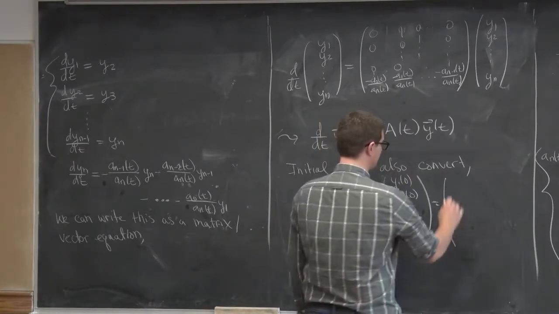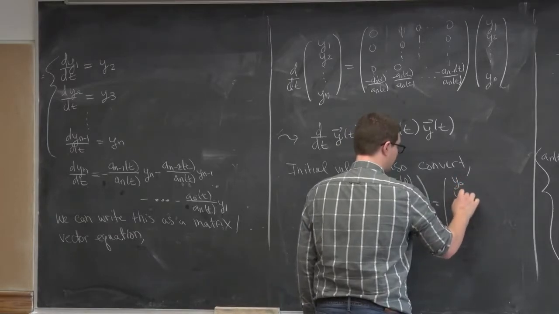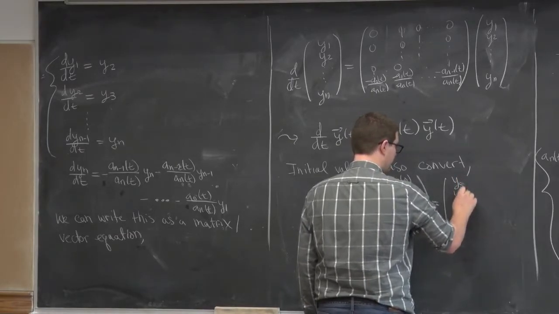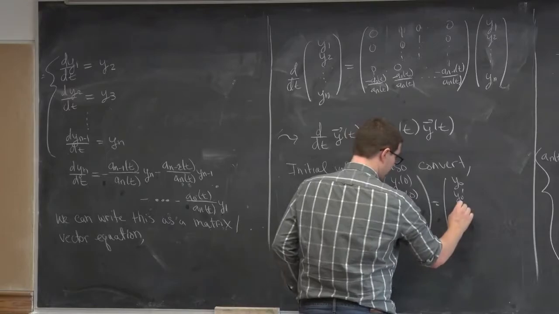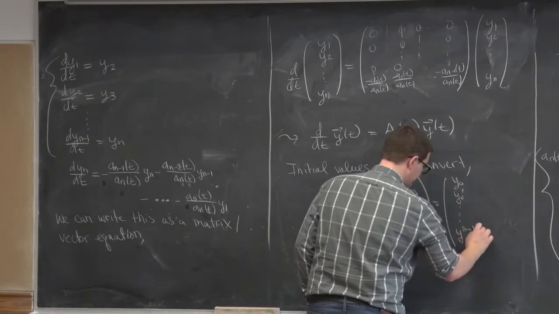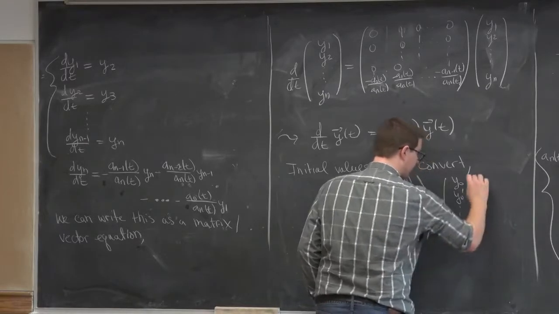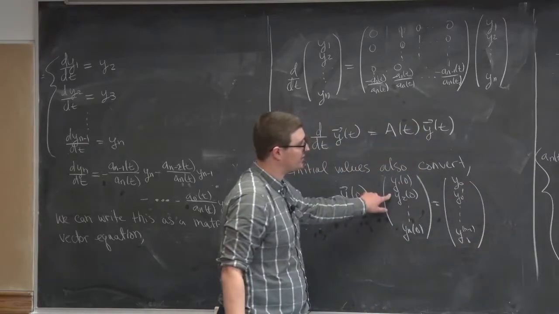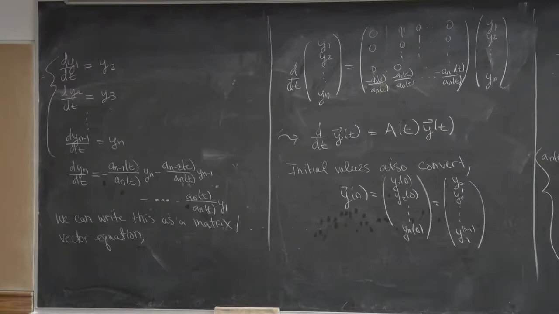So this was y0, y0 prime, right? And then we go all the way down to y_(n-1), 0, like this. Okay, and we're using the fact that these are what the derivatives are, that we relabeled things as a derivative.